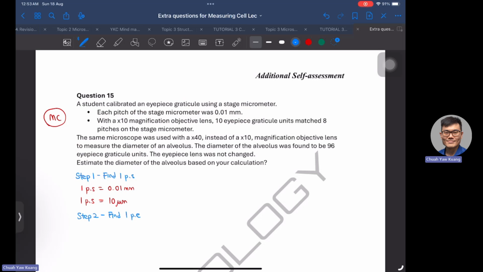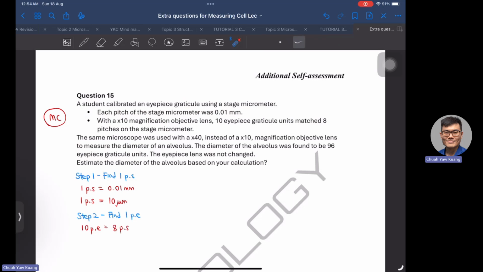In the question, under the times 10 objective lens, meaning 100 times magnification, 10 eyepiece reticule units will match with 8 pitches on the stage micrometer. So 10 pitches on the eyepiece reticule is equal to 8 pitches on the stage micrometer.